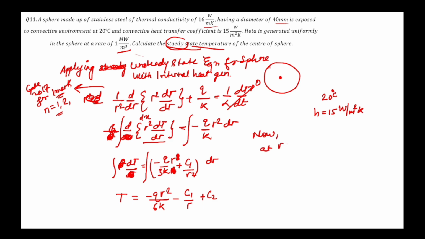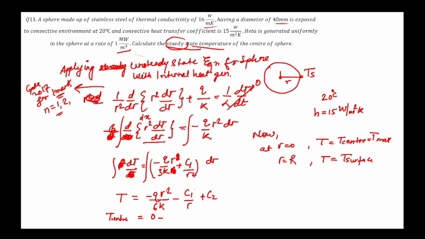At r equal to 0, T is equal to T center, which is T max, and at r equal to the radius, T is equal to T surface. This is T surface, this is T center or T max. Now putting r equal to 0, this becomes T center, so the first term becomes 0.